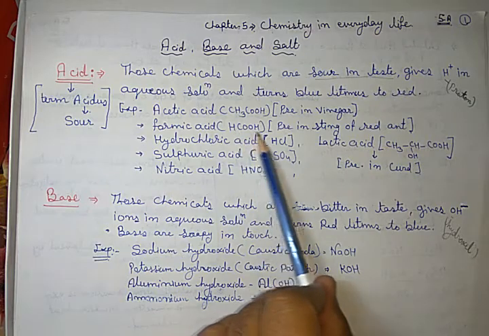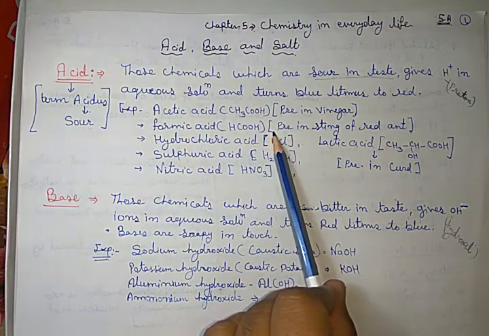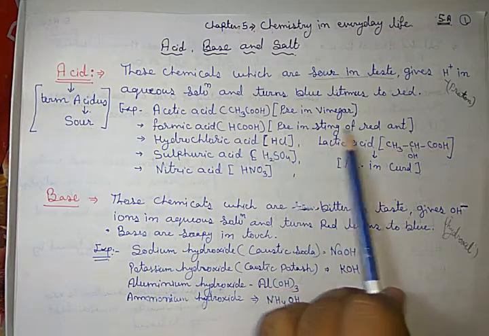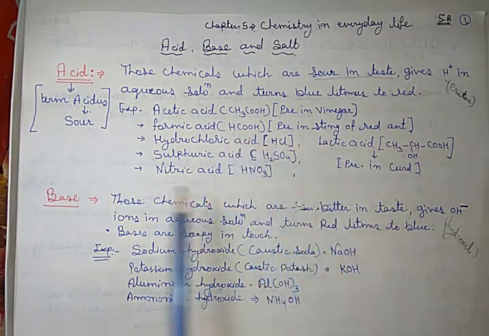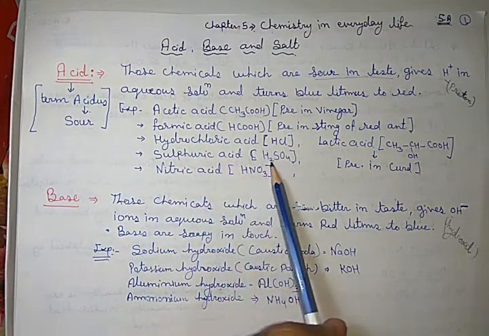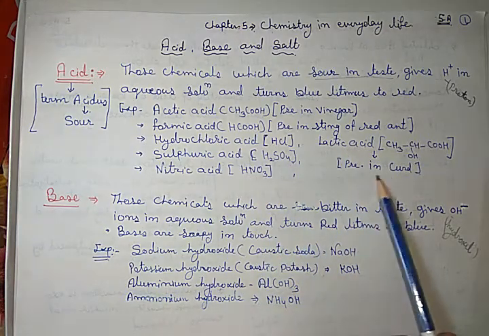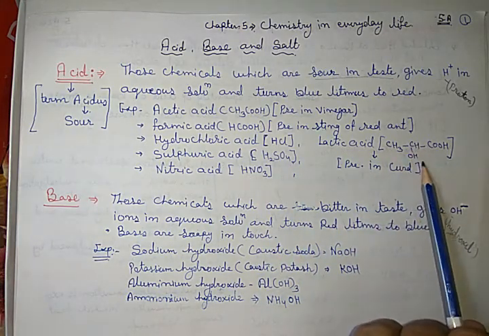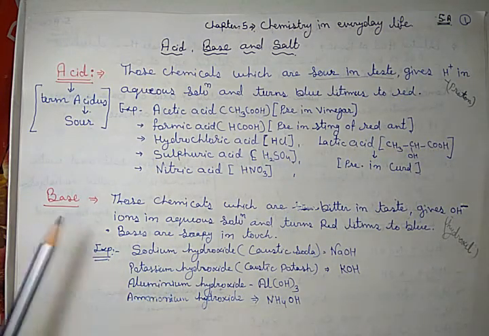Because of that, there are pain, itching and a burning sensation when an ant bites us. Third is hydrochloric acid, HCl. Fourth is sulfuric acid, H2SO4. Nitric acid, HNO3. Lactic acid, which is present in curd, is CH3CHOHCOOH. So these are some examples of acids.